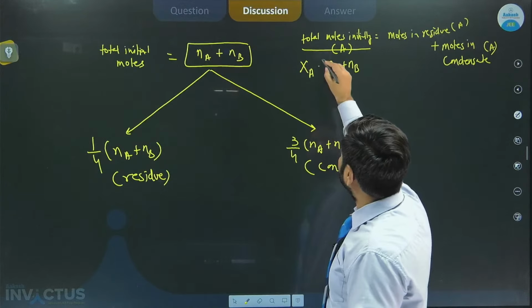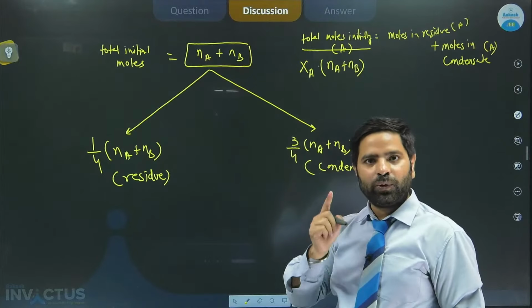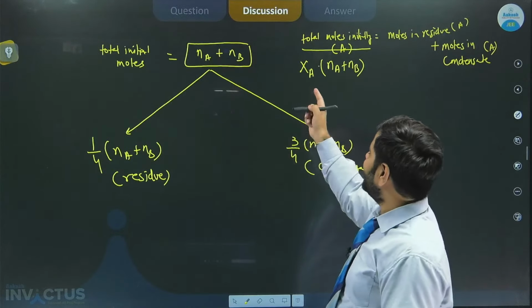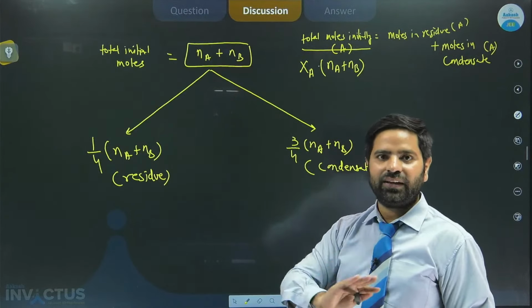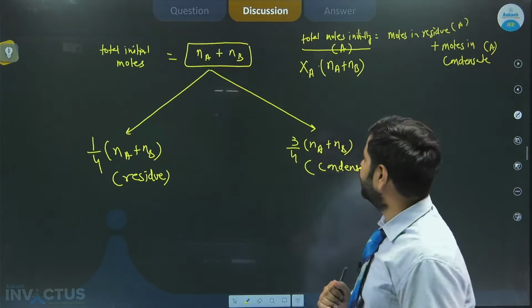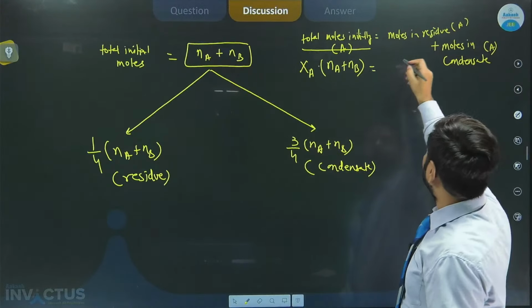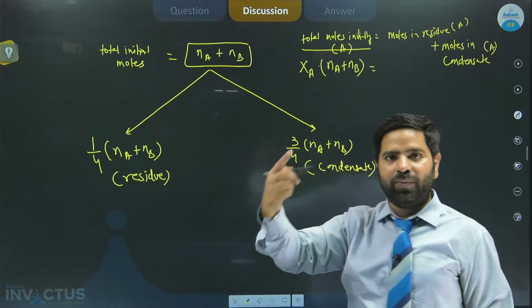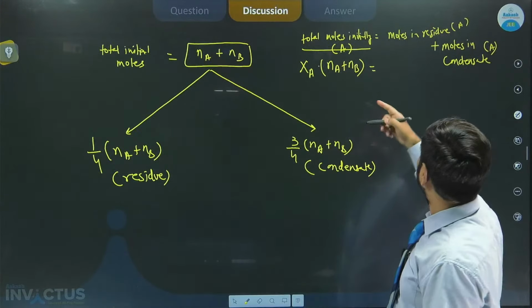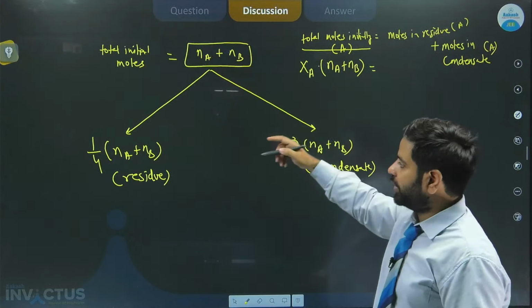XA would be equal to Na upon Na plus Nb, and Na plus Nb would cancel out. You would get Na moles of A present initially. Okay. Now the moles of A in the residue: how many moles of A will be in the residue?